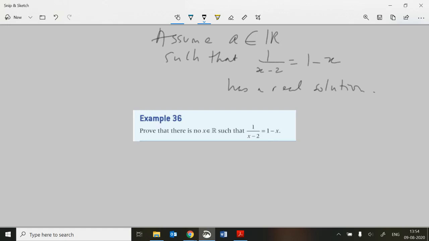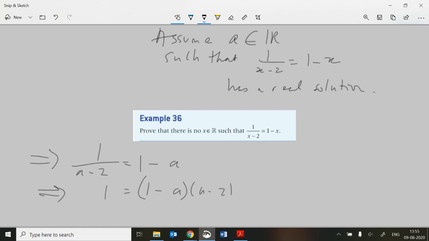Okay, I'm kind of overthinking this one a little bit again, and we're going to put a essentially into here and try and solve it. So we've got 1 over a minus 2, this original statement implies this minus the a. Let's take this to the other side. You'll see that you've got a quadratic. You've got 1 minus a times a minus 2 there.